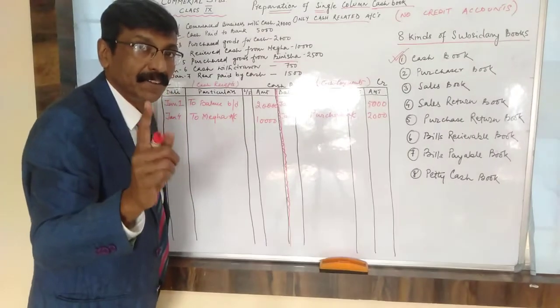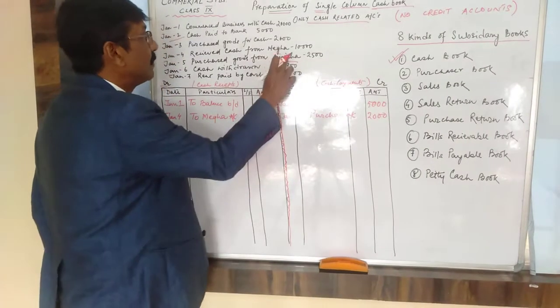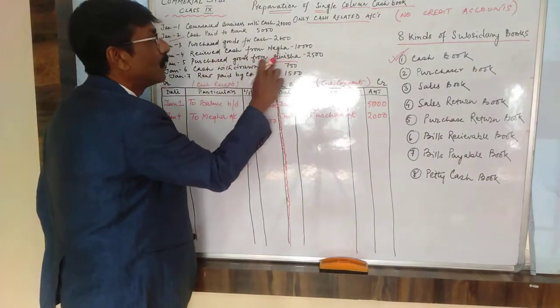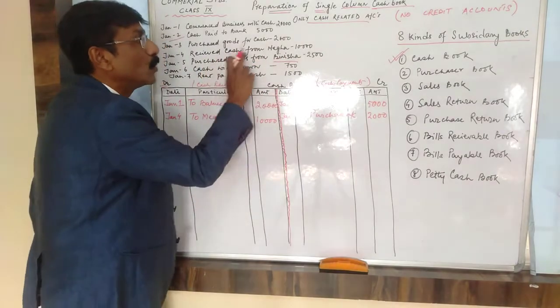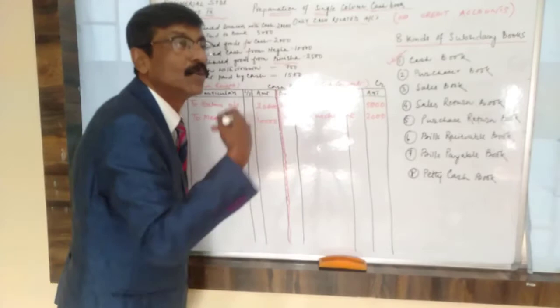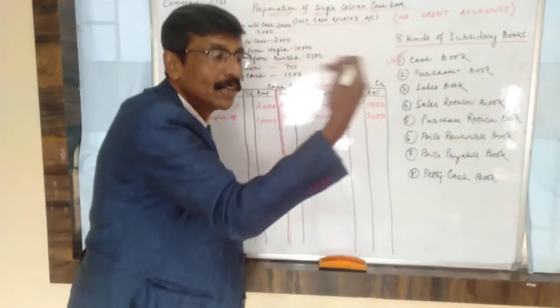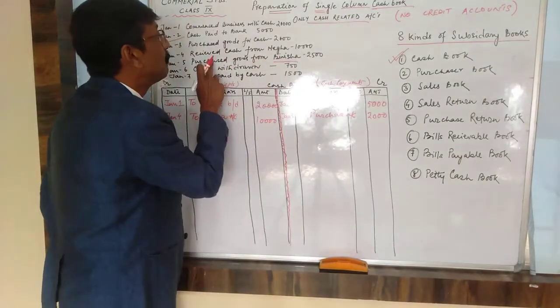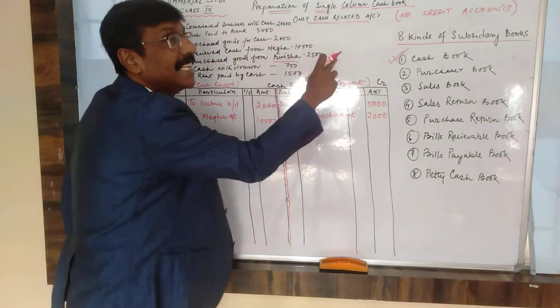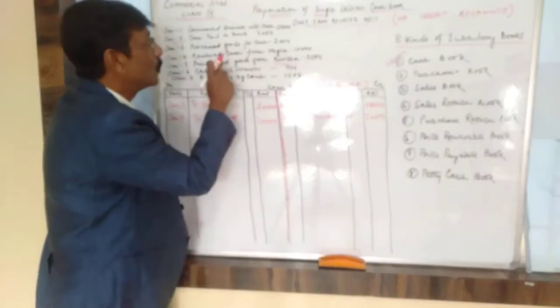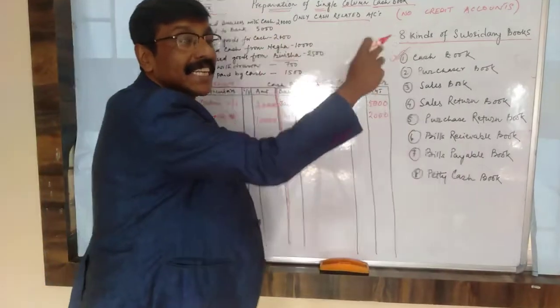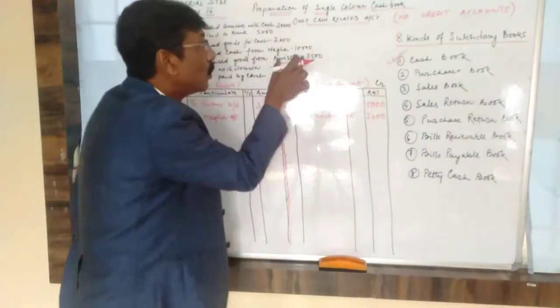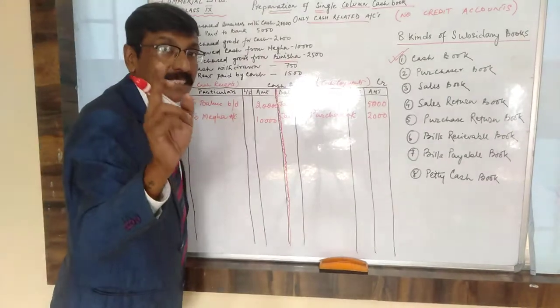Again I am saying, be very careful with this. Whenever it is written purchase goods from Binisha or sold goods to Binisha, I have sold goods to Binisha but I have not received the money. If I had received the money, it would have been written purchase goods from Binisha in cash, sold goods to Binisha in cash. But here only the name is there. Name means credit.